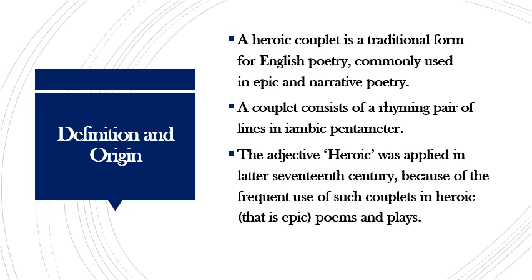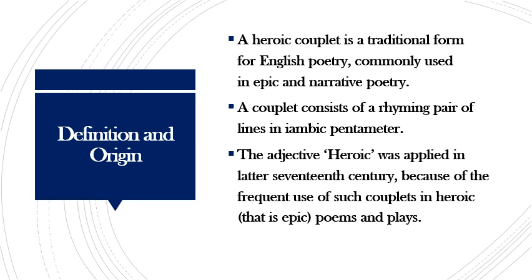So there will be 5 pairs in that line of 10 syllables. Those 5 pairs are called 5 feet. So that 5 feet pattern is called pentameter in English versification.